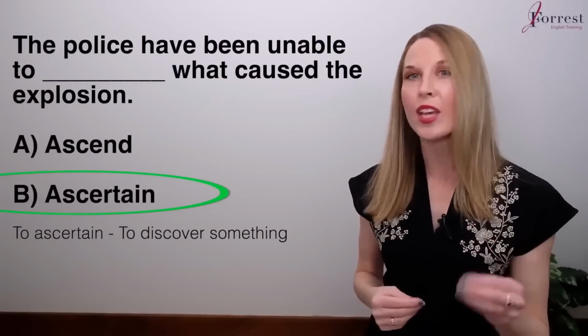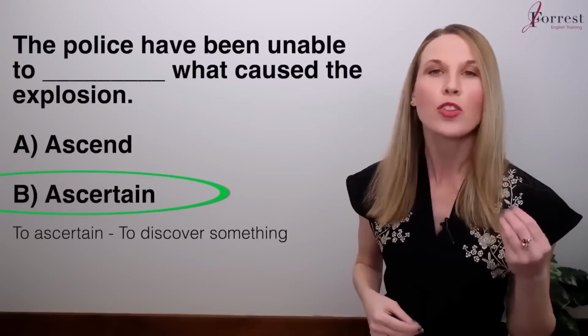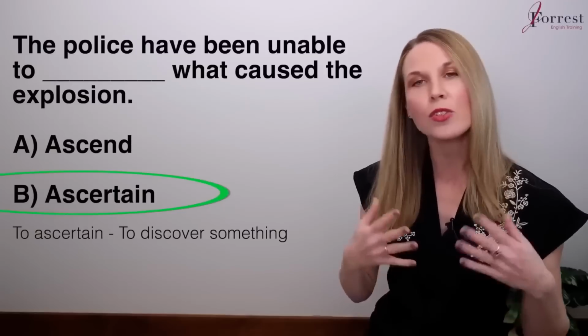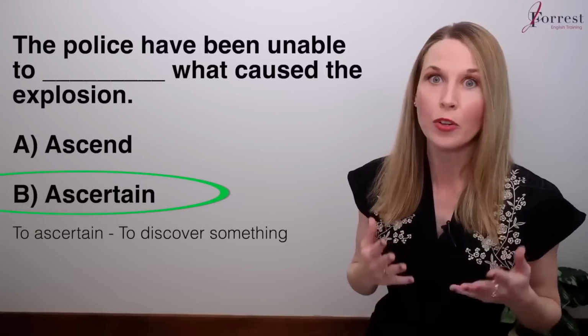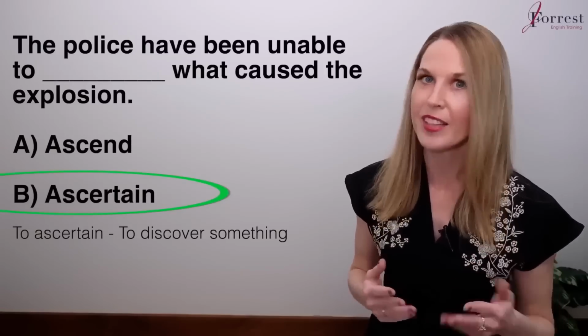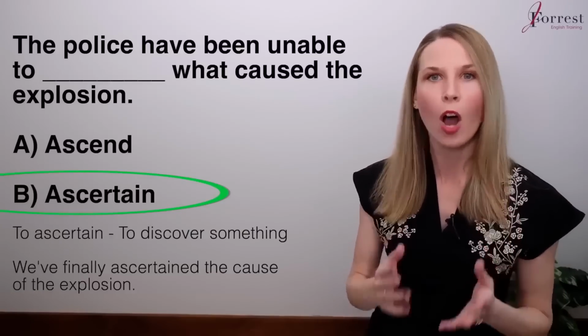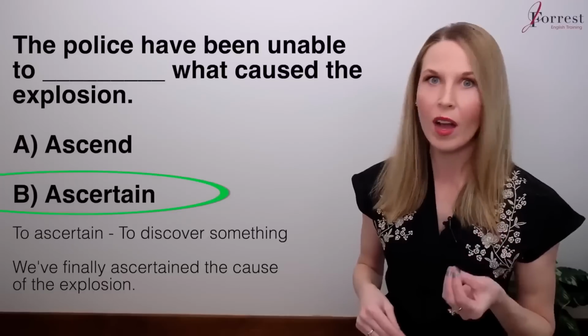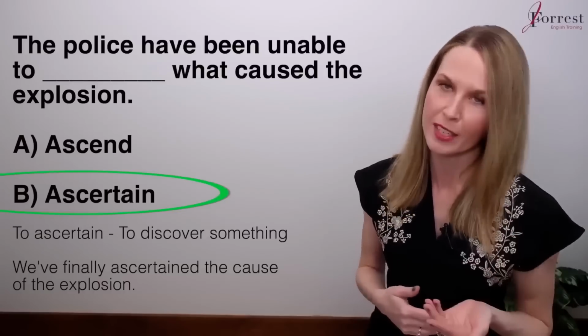So to ascertain the cause of the explosion is to discover the cause of the explosion, to understand why. So when the police discover it, they can say, we've finally ascertained what caused the explosion. It was a faulty gas line. And then they can tell you the cause of the explosion.